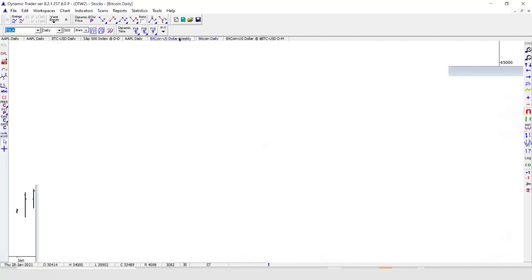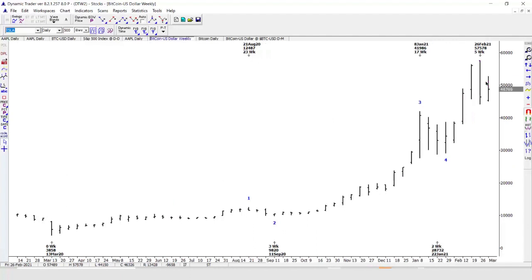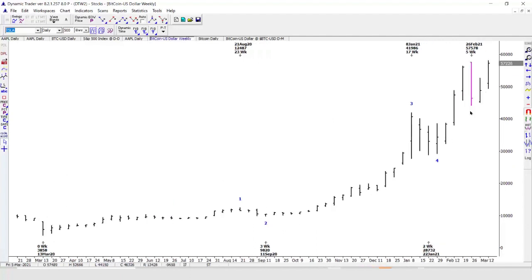Let's go back to the weekly. If this is the 3 and the 4, but we're continuing to advance, and this is just 1, 2 of 5, we may have a long ways to go on the upside. So we wouldn't want to be looking to short the trade by any means.